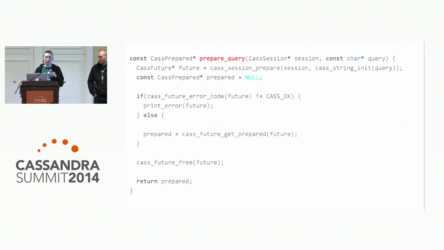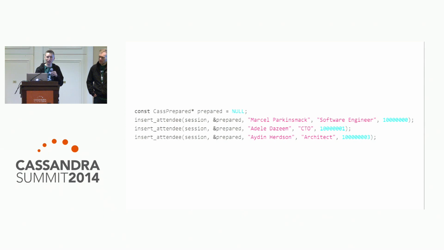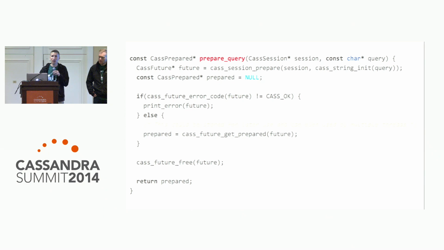You build a statement again. So it's a statement, but it's a prepared statement. It'll go off to the cluster and then send you back an ID, and you can wait on that future. And then what you want to do, I actually had a previous version of this where it returned the prepared, as you can see, and then I use it for subsequent queries. So you can just use that object, and that object is thread safe. You can use it however you want. Just keep it around.